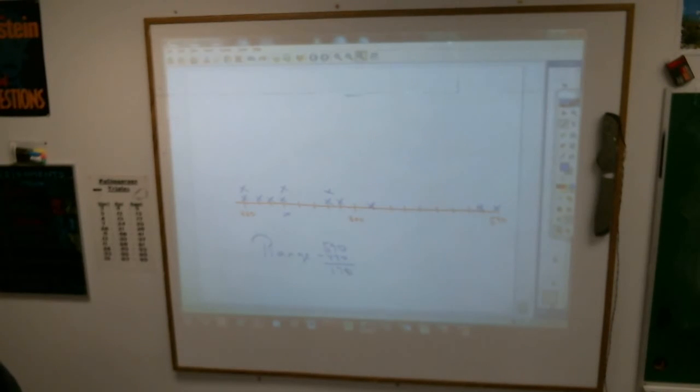How about letter D? Which measure would you report to someone who wants to compute the total amount of electricity used in a year? Wow.